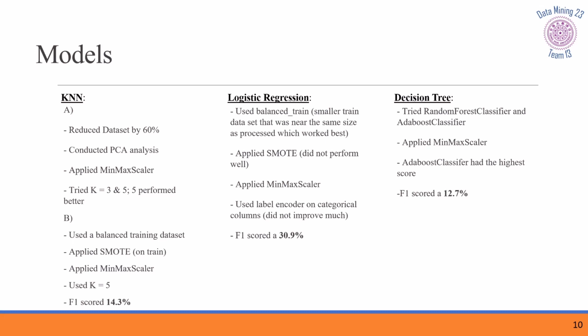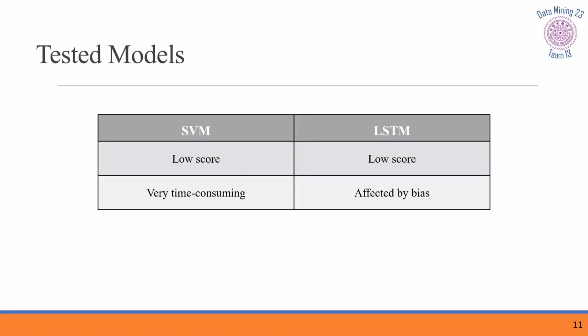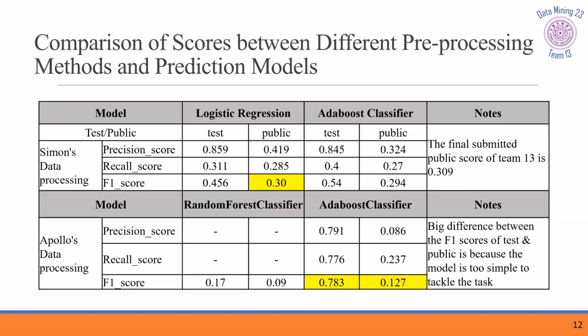We applied min-max scaler, and we discovered that AdaBoost classifier had the highest score with 12.7%. We tested 2 other models very briefly, but our results didn't work out too well. And here's just a quick overview of logistic regression and AdaBoost classifier, random forest classifier.